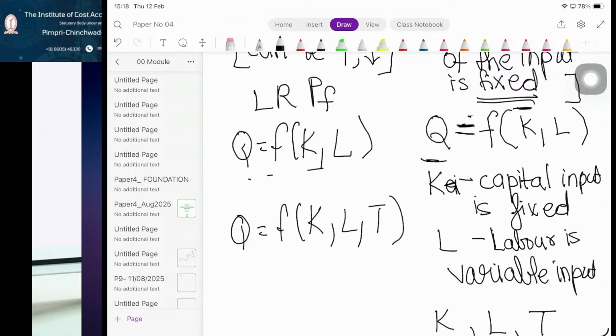All three are variable inputs. That means this is the long run production function. Can I proceed? Have you all got the idea of what is a short run production function and what is a long run production function?